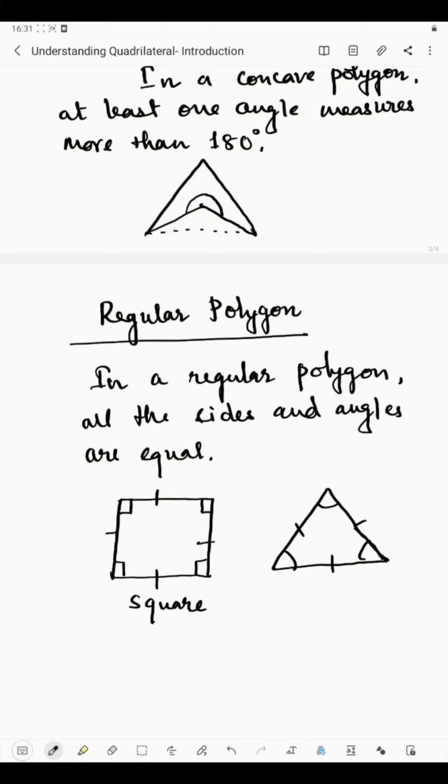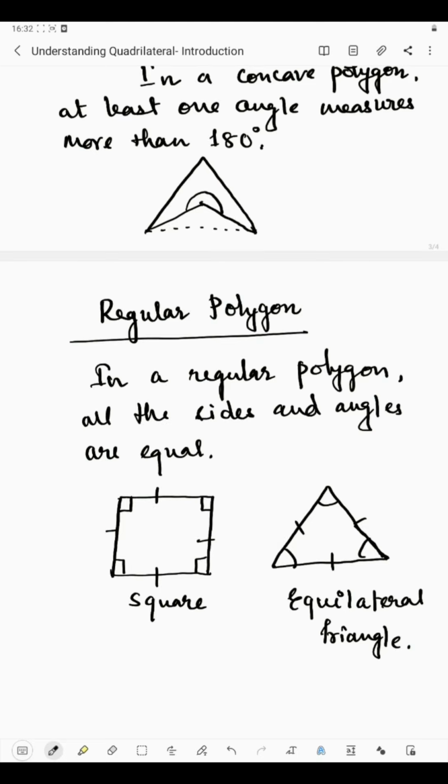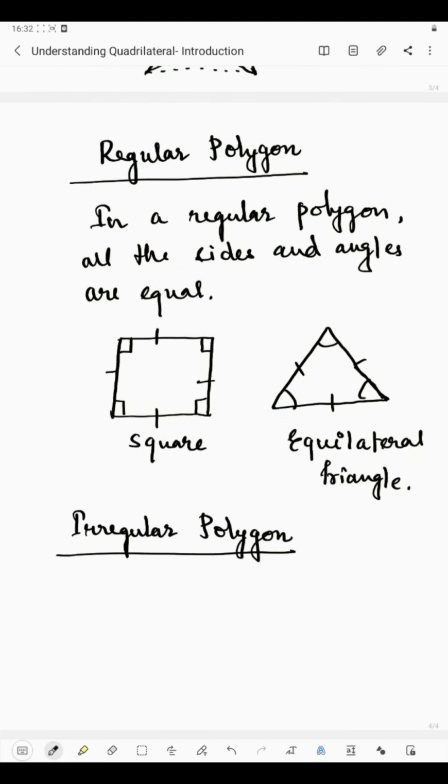If all sides and angles are equal in a triangle, then it is known as an equilateral triangle. So an equilateral triangle is a regular polygon having three sides. Now what do you mean by irregular polygon? In an irregular polygon, all the sides or angles are unequal.